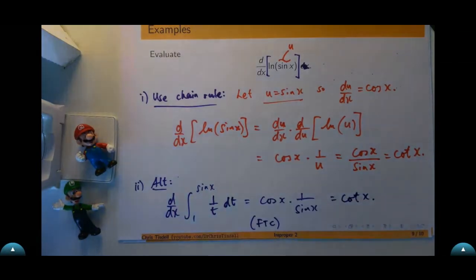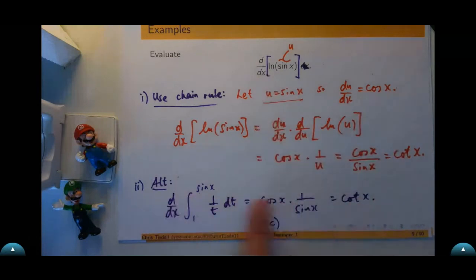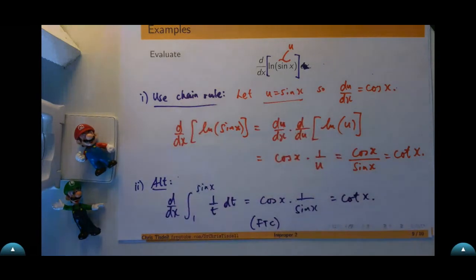There you go. So that's two ways of doing this thing. This one uses the integral definition, and this one just straight out uses the chain rule. I think the first one's easier than the second, but that's just my personal preference.